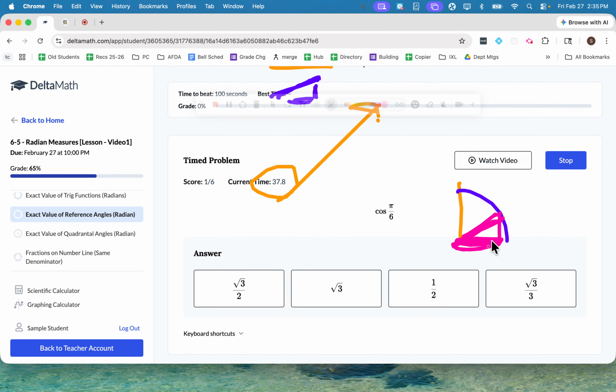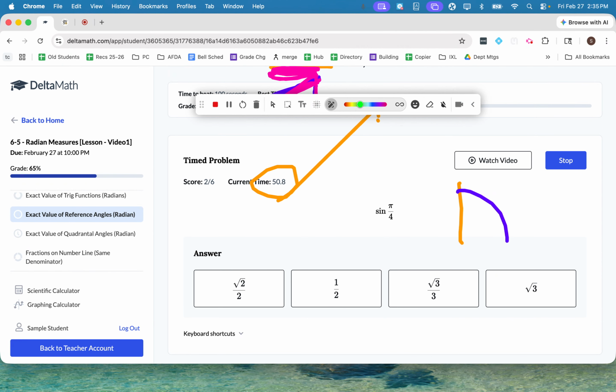That's the long length of the 3, so that is root 3 over 2. Pi over 4, that's right in the middle of the quadrant. So that's our medium length, root 2 over 2.